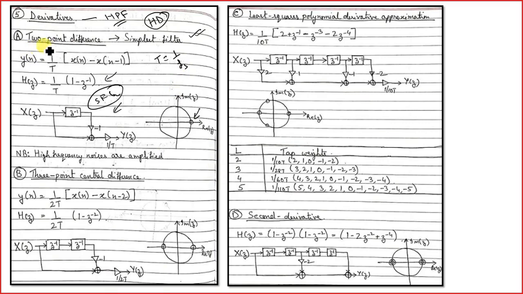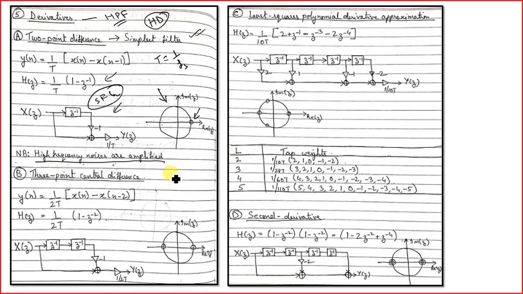However, in these derivative filters, if you see, the high frequency components are amplified, they are not suppressed altogether. So in this basic 2-point difference filter, our high frequency noises are amplified.